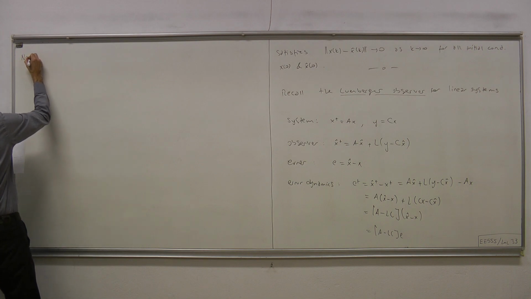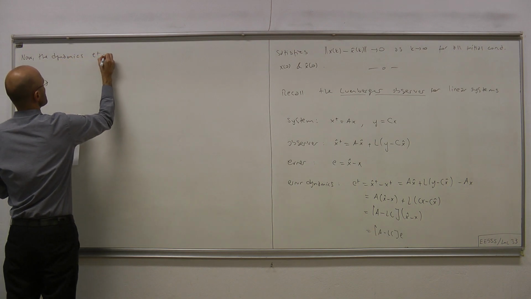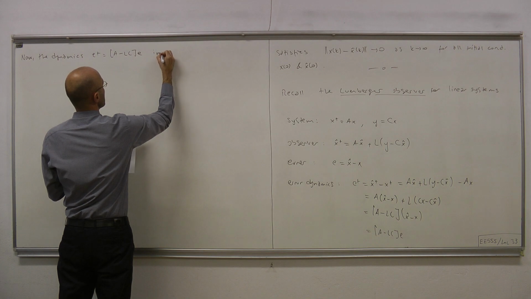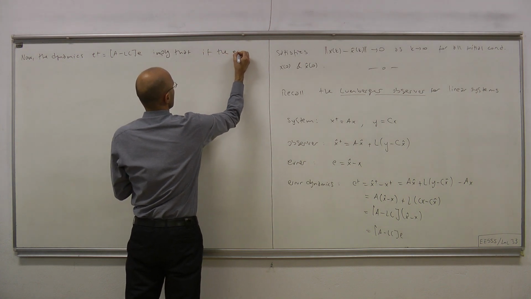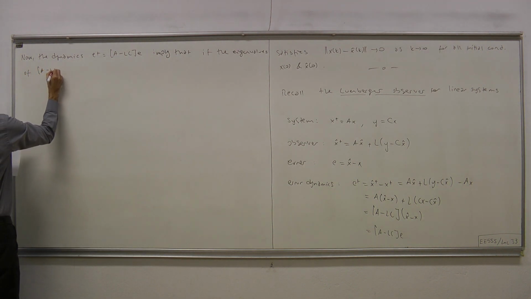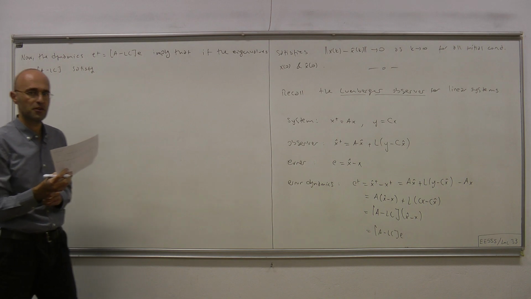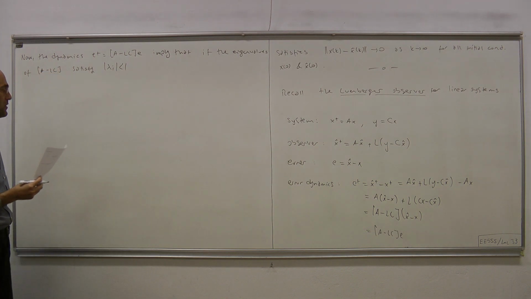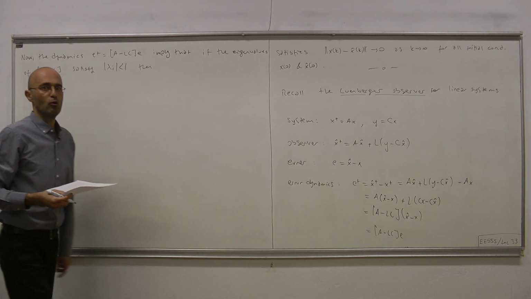Now, the dynamics e plus equals (A minus LC)e, the error dynamics, imply that if the eigenvalues of the matrix A minus LC satisfy the stability condition for discrete time, which was that they're all with magnitude strictly less than 1, then we know that the origin of that system is globally exponentially stable.